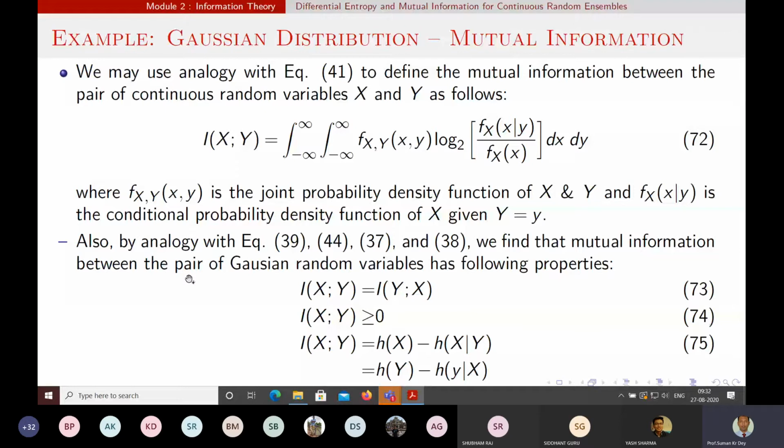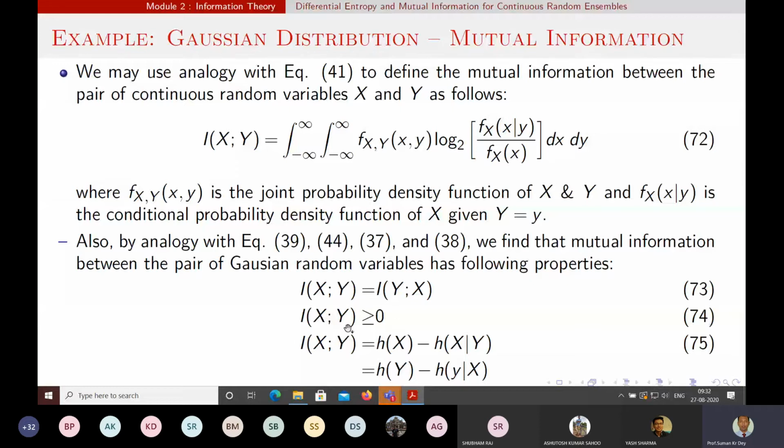So basically, these are from the topics we discussed earlier in mutual information or information theory. From there, we will get this relation: the mutual information of a pair of Gaussian random variables has the following property. It should be the following property, because when it touches the value here, you also see that it will be equal, and the information will be greater than or equal to 0.